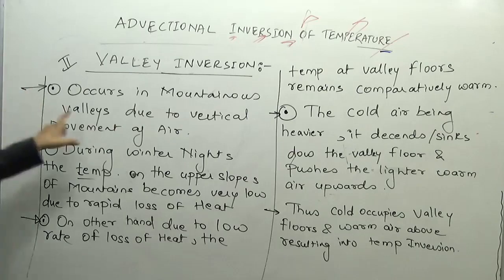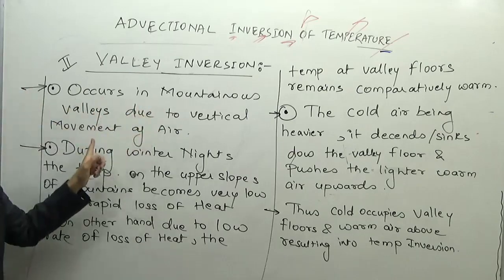So valley inversion occurs in the mountainous valleys due to the vertical movement of the air.